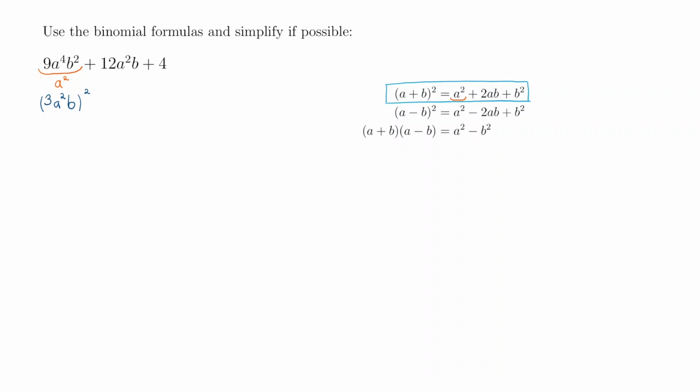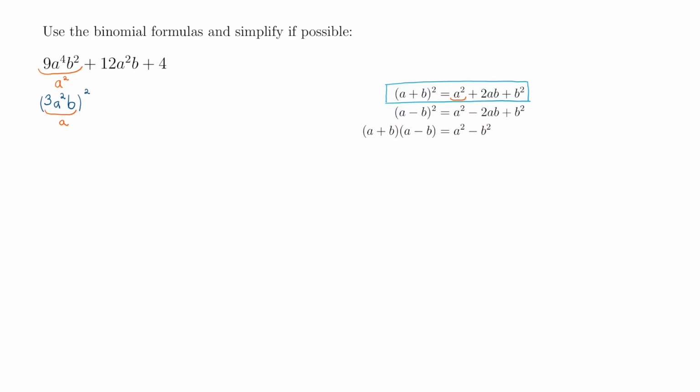Okay, so if we square 3 times a squared times b, if we square everything, then we get this part here. So let's say this inner part is the a, and the whole part is the orange a squared.